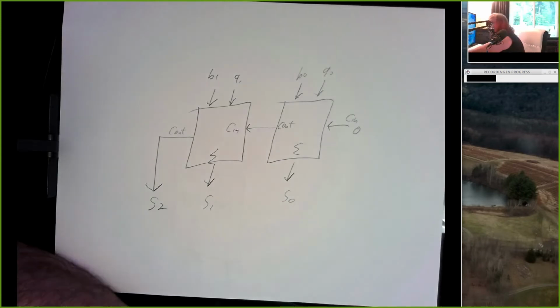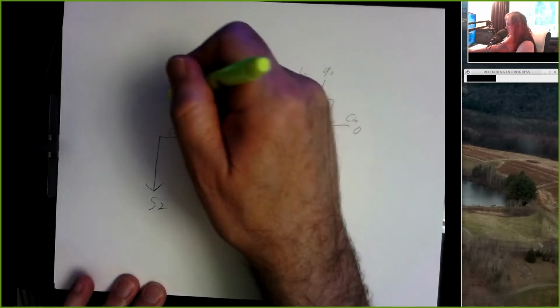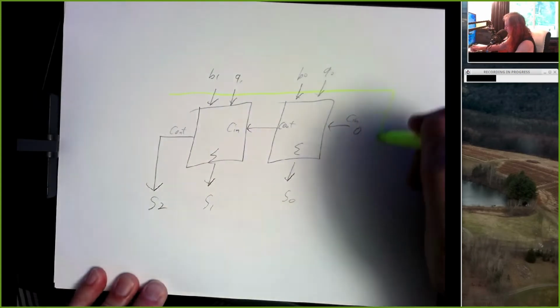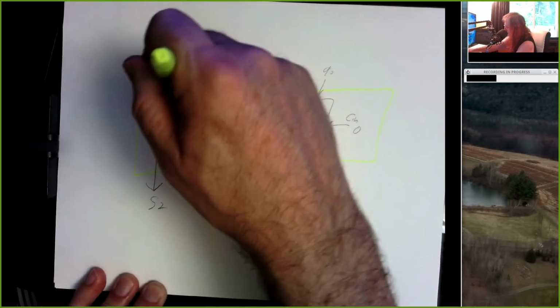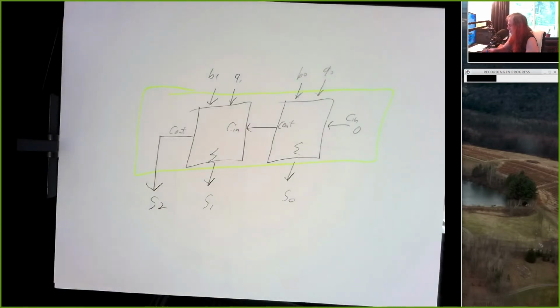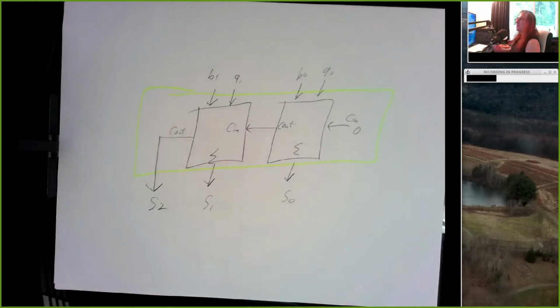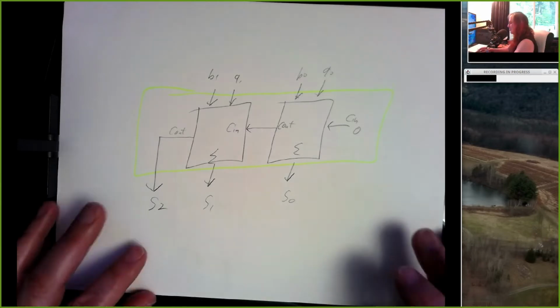Well, this whole thing works like a 2-bit adder. It's got 4 bits coming in, it's got 3 sum bits going out. But this is doing pencil and paper addition of two 2-bit numbers.